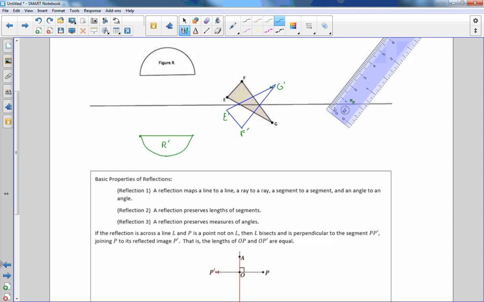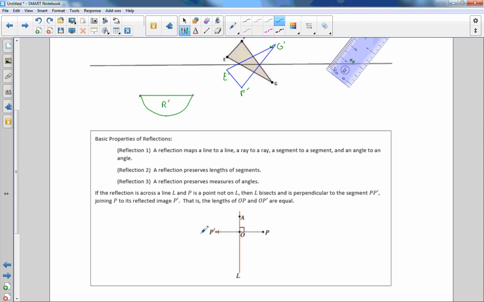If the reflection is across the line L, and P is a point not on L, like right here, then L bisects and is perpendicular to the segment P prime. So all they're saying is this bisects, meaning cuts it into 2 congruent pieces. They're both the same length. So if I reflect P over to P prime, the segment PO and OP prime have the same length, and that's what that says right here. Okay?